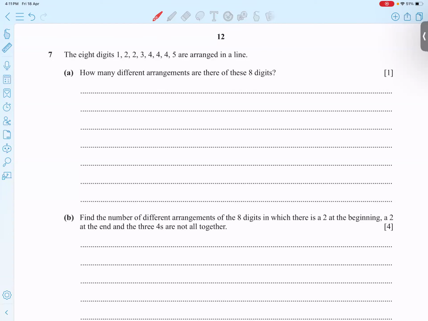Question number 7 we have, students. This question is a topic of permutation and combination, so have a look carefully. He said 1, 2, 2, 3, 4, 4, 4, 5.